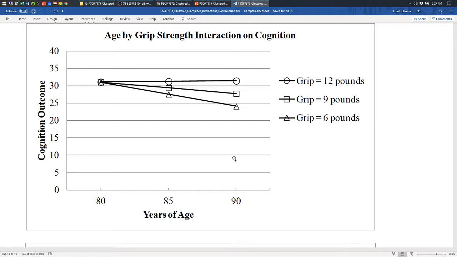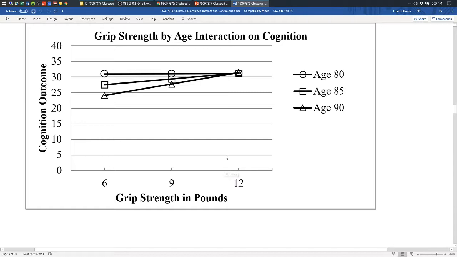So the interaction term you can either think of as how the age slope becomes more negative in weaker people, or you can think of it going this way as how the grip strength effect diminishes in younger people and is enhanced in older people. Either way. Same idea if you want to spin the picture on its axis.